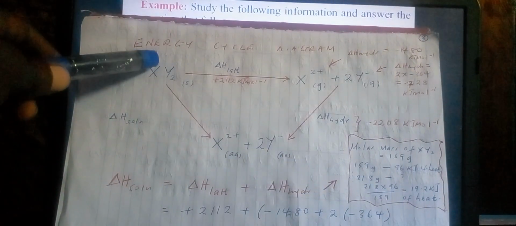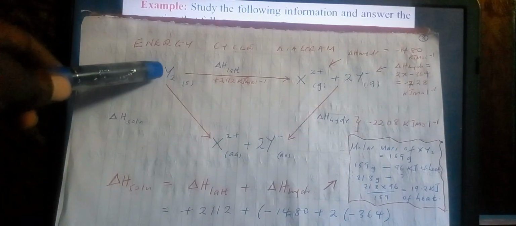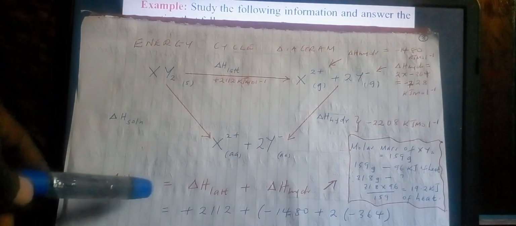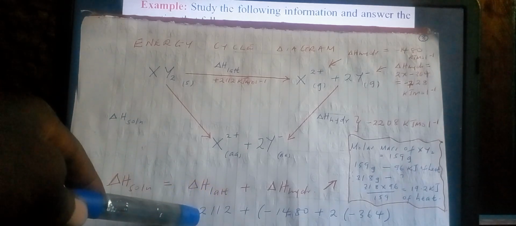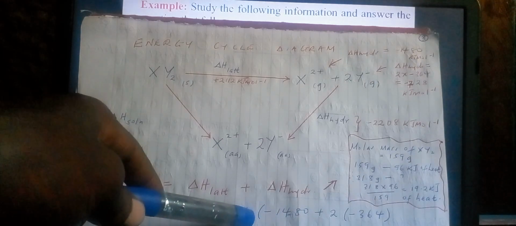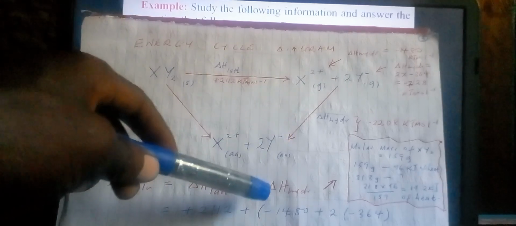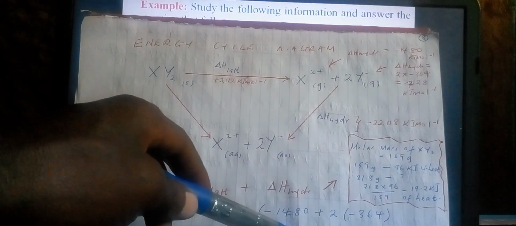So it means if you want to move from these reactants to products directly, we can move from here and take this, we follow Hess's law, we can move this direction, then we come downward like that. So from our calculations, you can see the enthalpy of solution is equal to 2112 plus, in brackets, minus 2208.